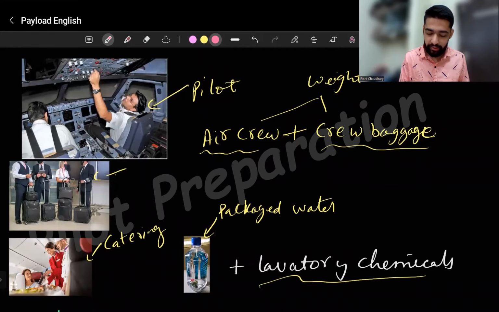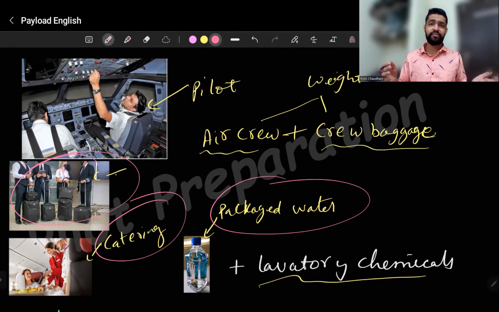Even the crew will continuously change from destination to destination. So my air crew and crew baggage are continuously changing, and even my packaged water and my catering material are changing. Sometimes you will get noodles, which will be hyper costly, and sometimes you'll get hyper costly biryani, which will not even taste good. So you can see that these are all variable things.